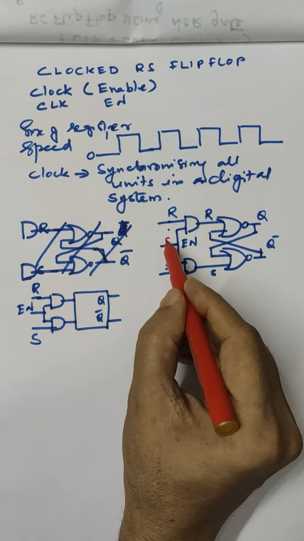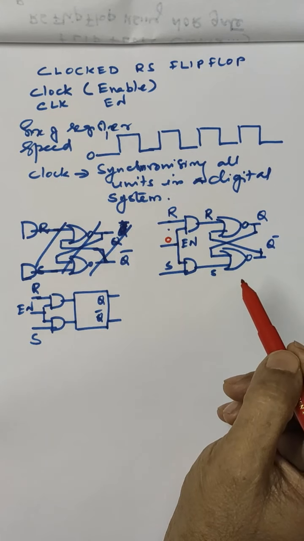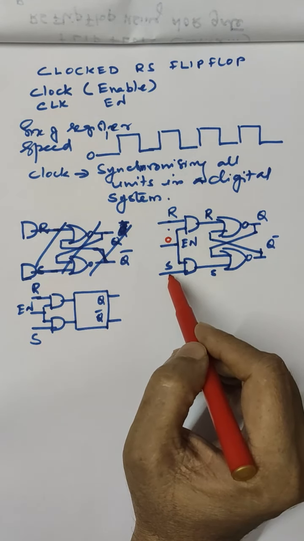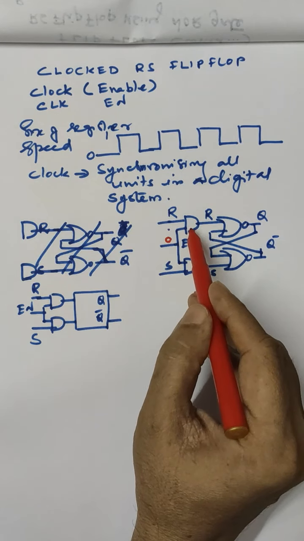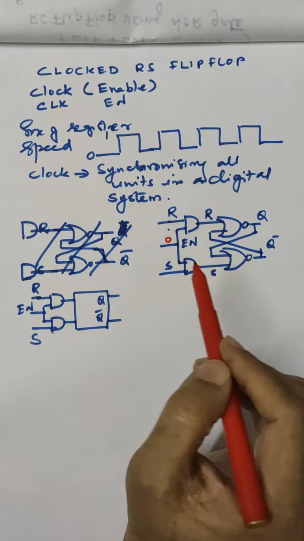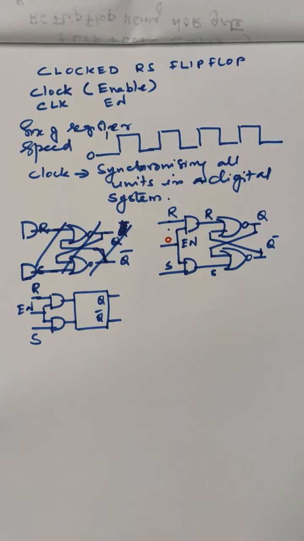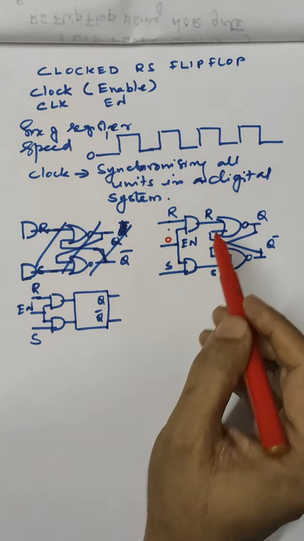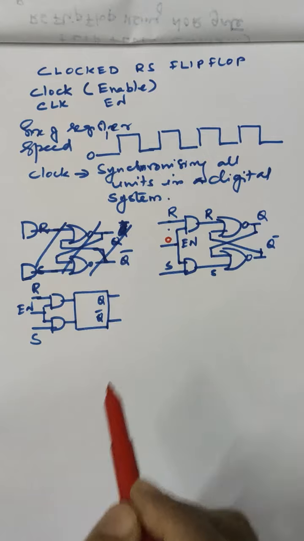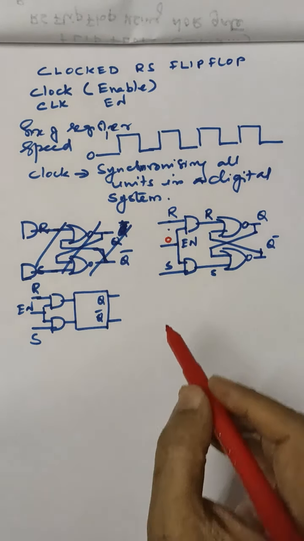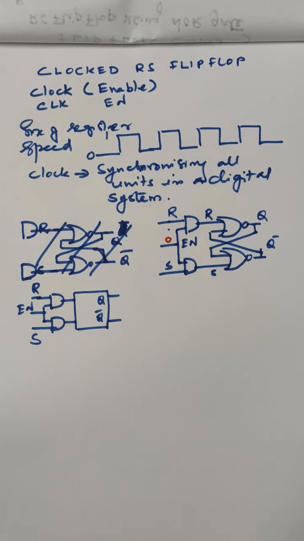That means if this enable is equal to 0, whatever be the inputs R and S, the output of these two AND gates will be 0. So we can say when enable is equal to 0, irrespective of R and S, the actual input of the RS flip-flop remains 0. So this is actually a disabled condition.